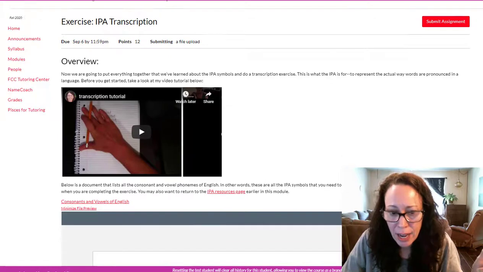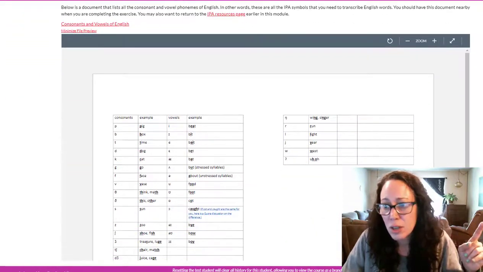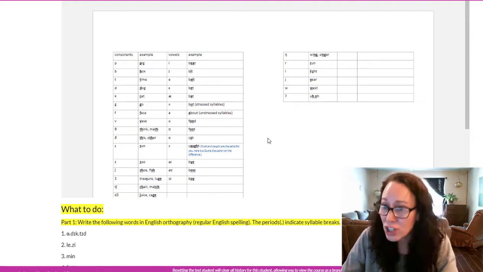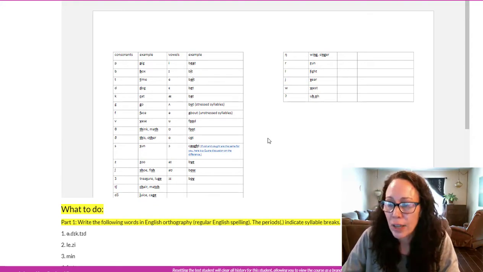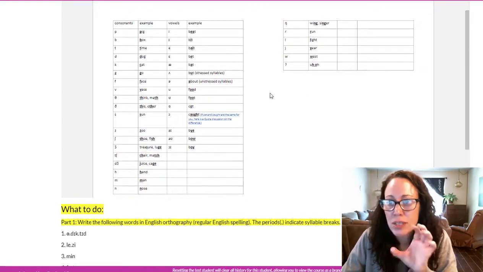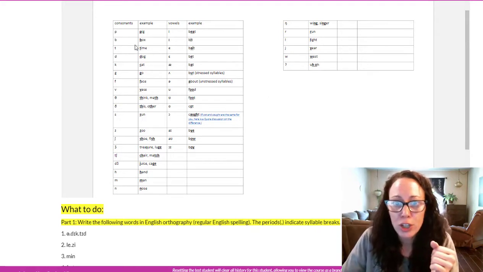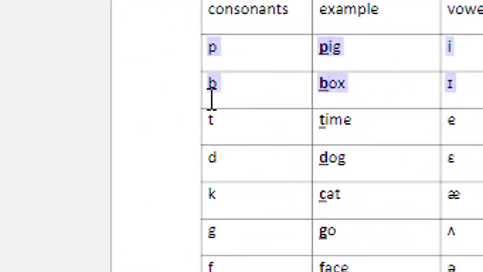This document is 2 pages of the Sounds of Language by Dr. Agbayani. I just pulled them out because these are the symbols that you need to do the transcription. So you really want to have this document in front of you, and you are using these symbols.